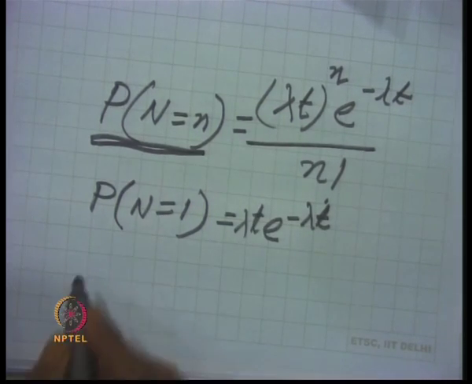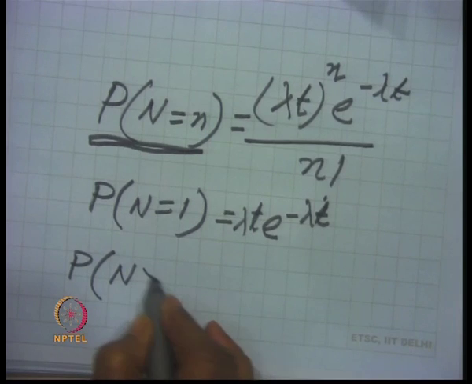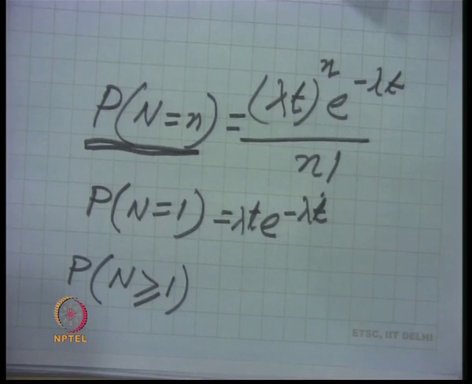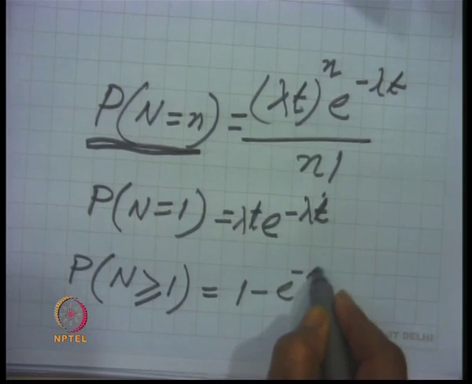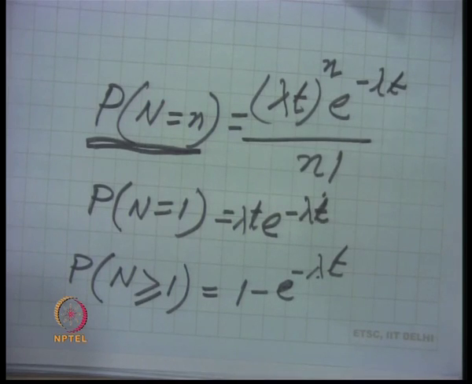and the probability of exceeding at least one event is given by this equation, where e to the power minus lambda t is the probability of not exceeding one event, and the probability of exceedance is given by 1 minus e to the power minus lambda t.